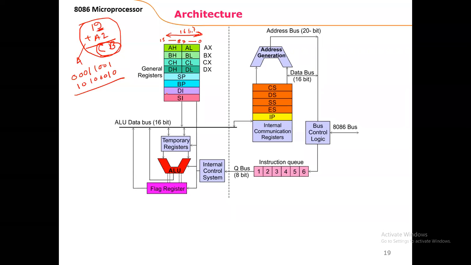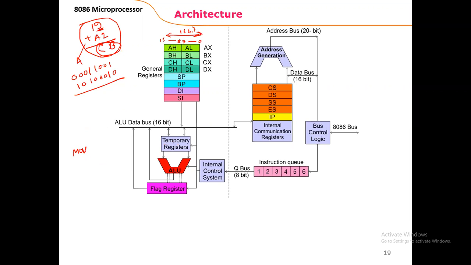Now suppose we do this addition using assembly language code. At first we use the code MOV. Move means movement, just transfer. MOV is the short name, and this is called a mnemonic in assembly language.